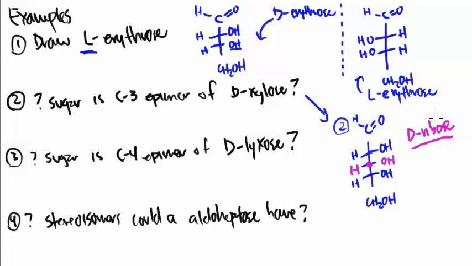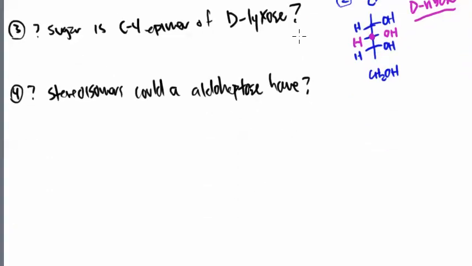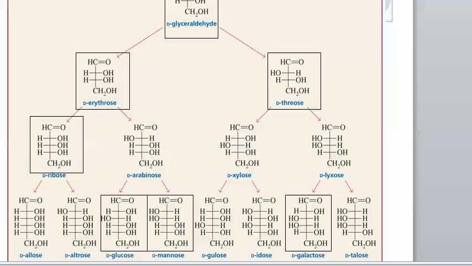The same thing is going to happen with structure number 3, or example number 3. So I'm just going to scroll down, do another arrow again, and number 3 says, what sugar is the C4 epimer of D-lyxose? Alright, so I need to know what structure D-lyxose is.